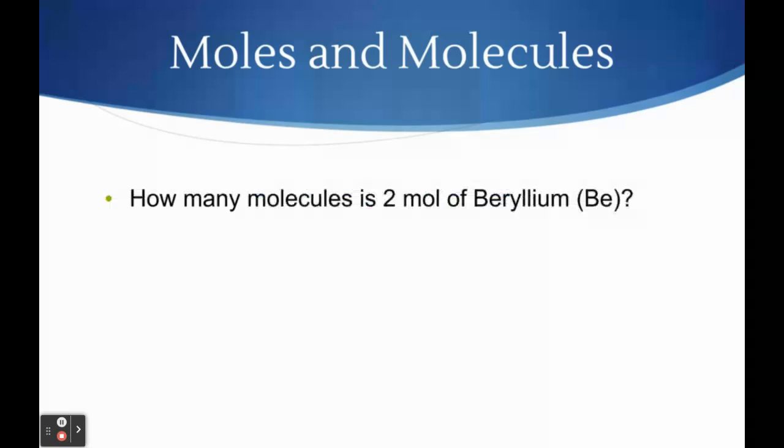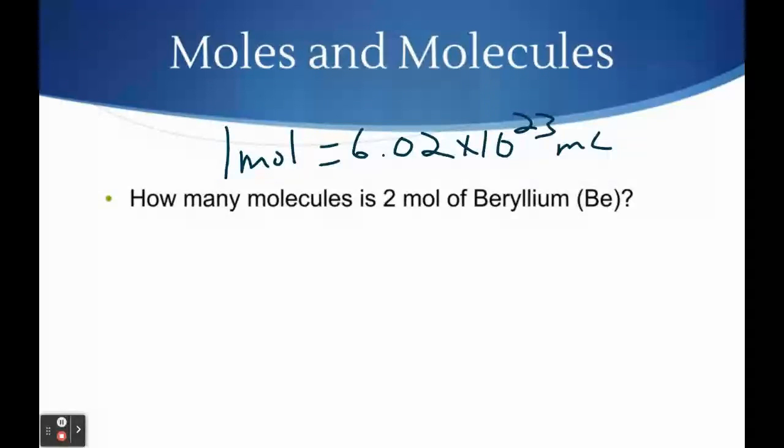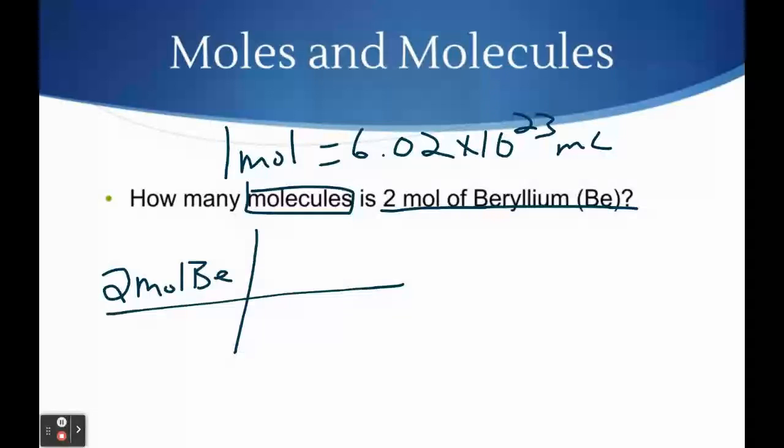All right, so our next practice problem is how many molecules is 2 moles of beryllium? So again, we're between moles and molecules, so our conversion factor is 1 mole equals 6.02 times 10 to the 23rd molecules. So our given information is 2 moles of beryllium. We're looking for molecules. So write your given information and your T-chart.